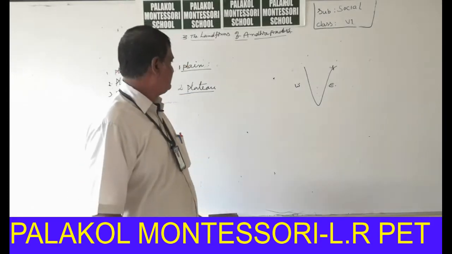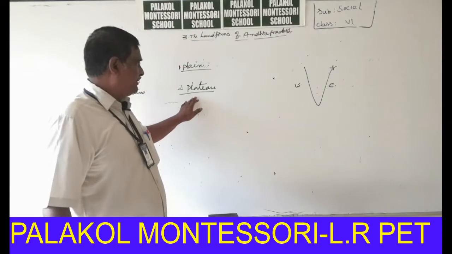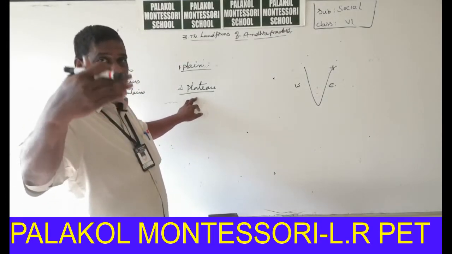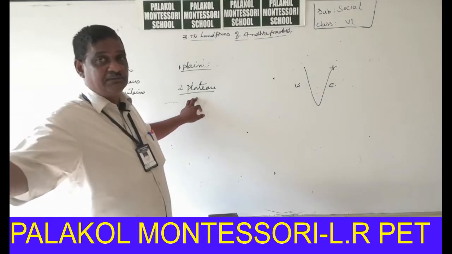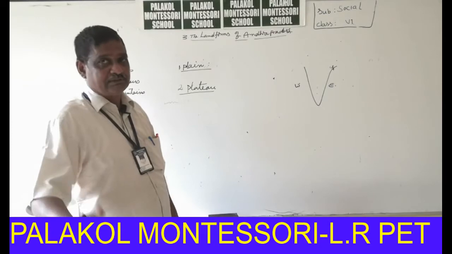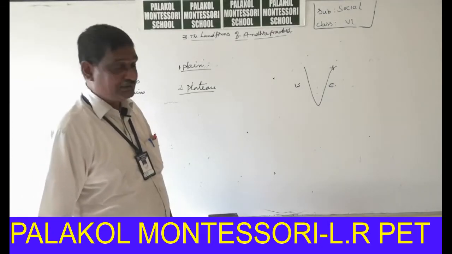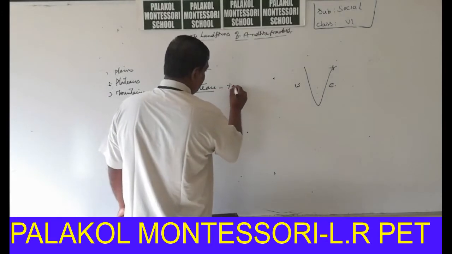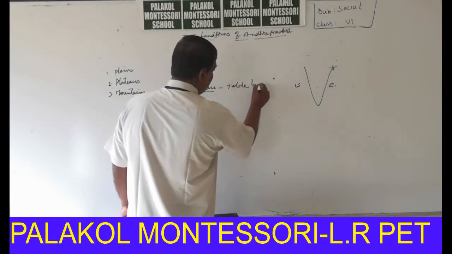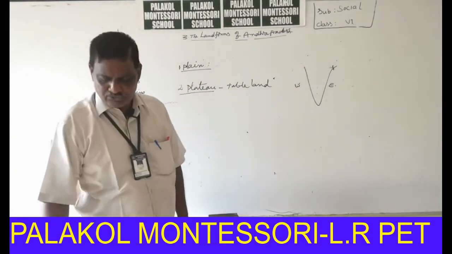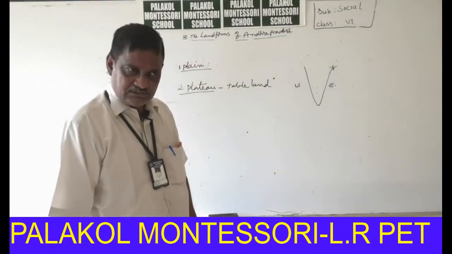Look once again: the landmass which is higher than the plain like a table, with ups and downs, is called a plateau. A plateau is also called a tableland.